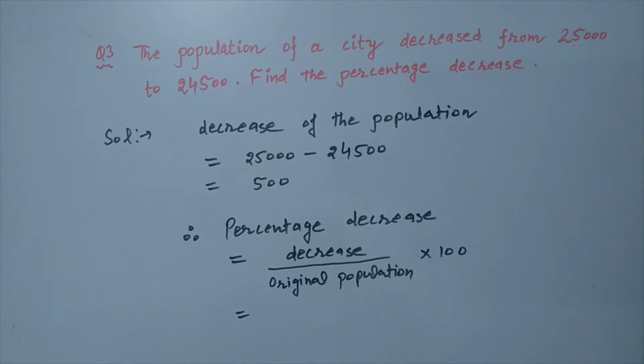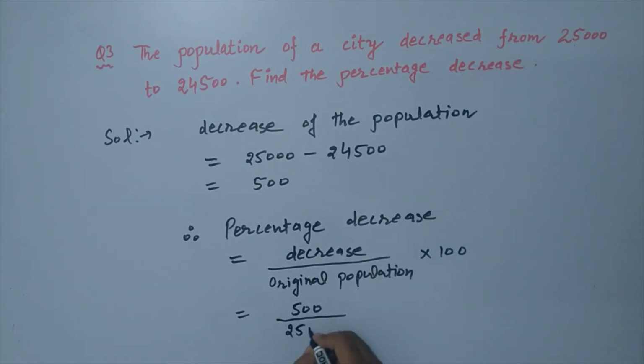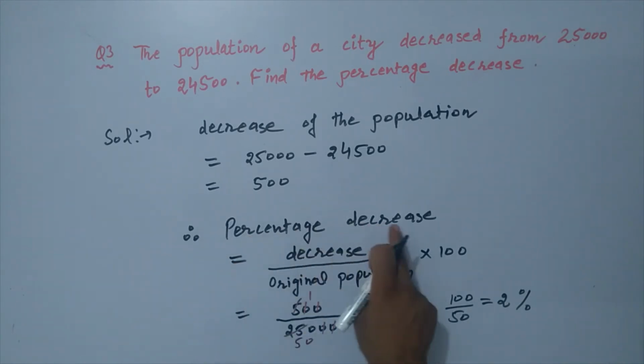So we write the values. Decrease value is 500. Initial population was 25,000 into 100. So this way 0 0 cancelled. 5 ones are 5, 5 fives are 25, 50 is there. So what is left? 100 divide 50. That means 2%. There is 2% decrease.